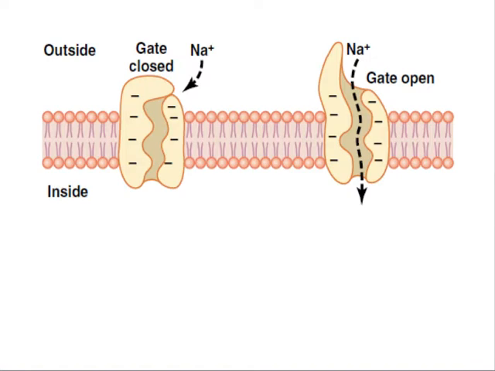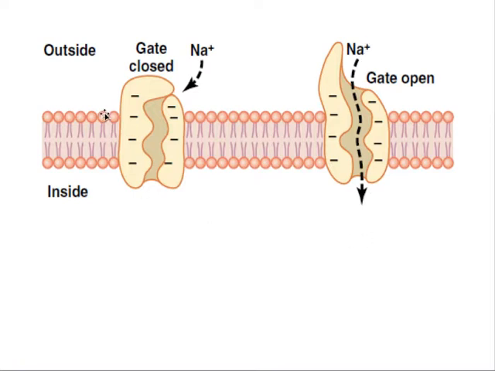In this figure, you can see that when there is a strong negative charge on the inside of the cell membrane, this causes the outside sodium gate to remain tightly closed. And when the inside of the membrane loses its negative charge, then these gates open suddenly and allow the sodium to pass in.